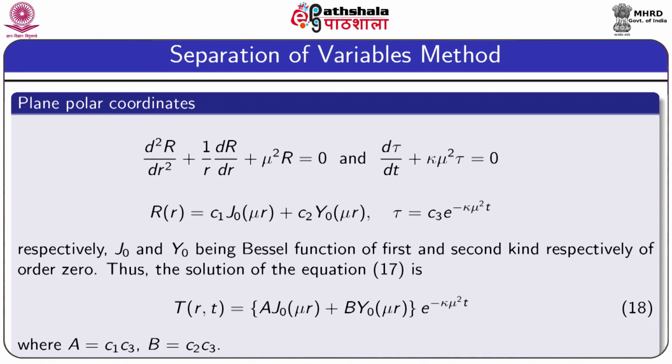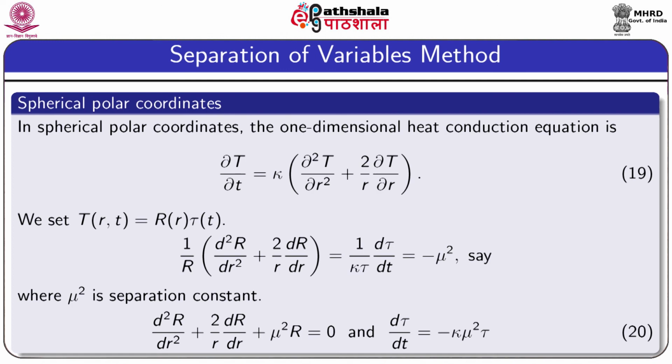Thus, the required solution of the equation is capital T equals A J0 plus B Y0, into e to the power minus kappa mu square t, where capital A equals C1 C3 and capital B equals C2 C3.